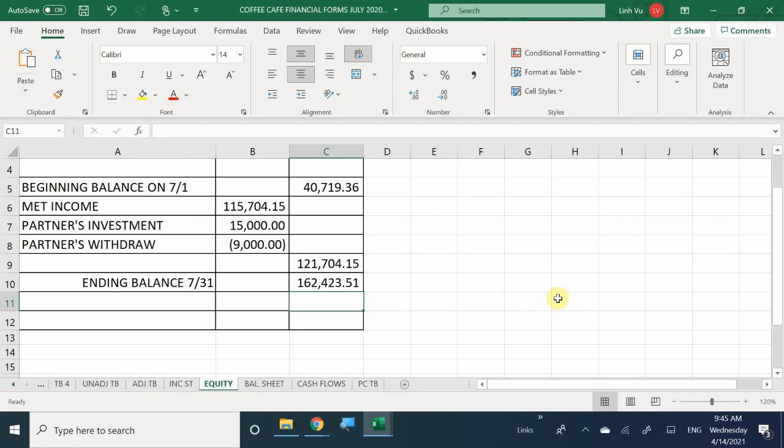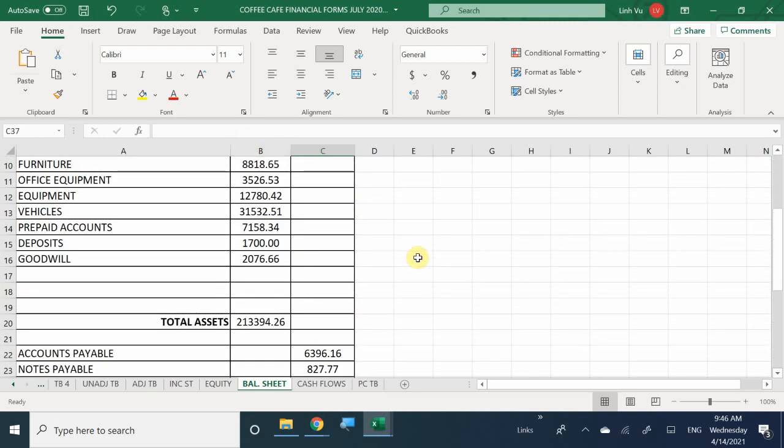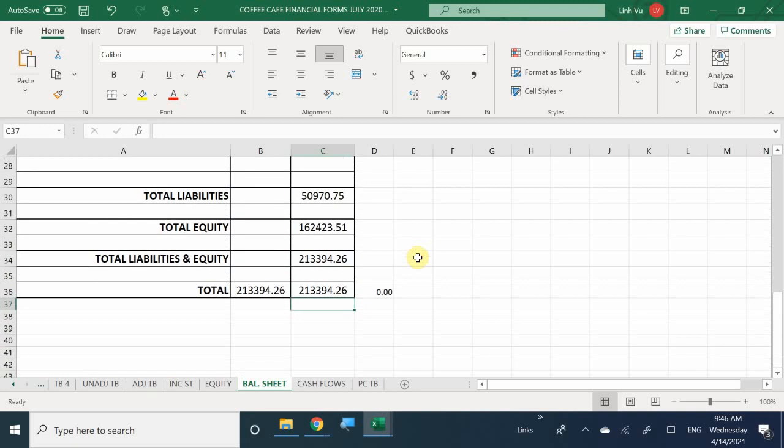Anything that is a contributing factor: investments will increase your company, withdrawals will decrease your company, and therefore you should be able to solve for your equity. And then, of course, with this new equity, you plug it into your balance sheet, and you're going to solve for your total liabilities as well as your total assets to solve for the equation. And in this case, we were successful.